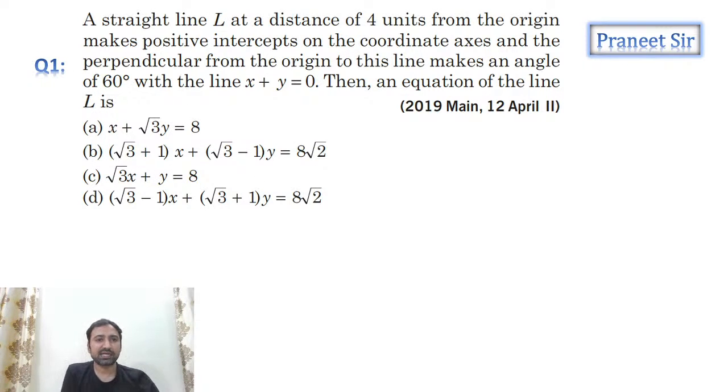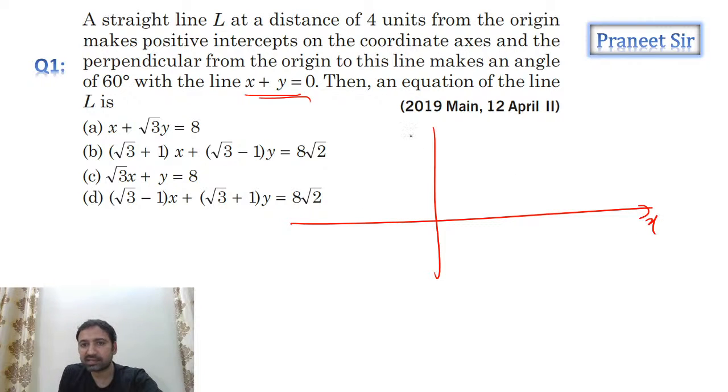So guys, let's start doing this question. This is the 2019 question. A straight line at a distance 4 units from origin makes positive intercept on coordinate axis, and the perpendicular from origin to this line makes an angle 60 degrees with this line. Let's take the x-axis and y-axis.